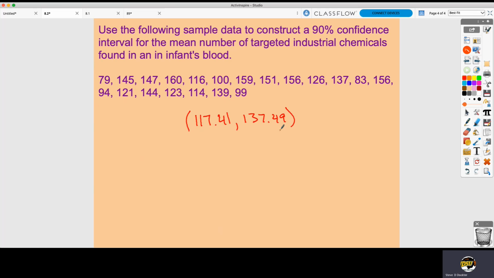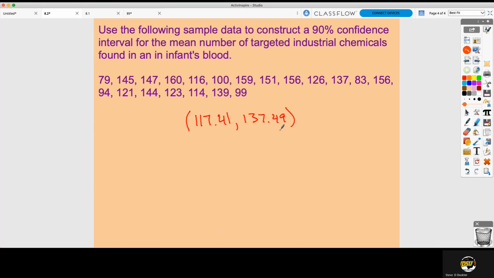You sure about that? Anybody else agree? Chances are you plugged in a number wrong. No, I mean, just off by a little bit. That's exactly what I got. So, all right, that should be correct.